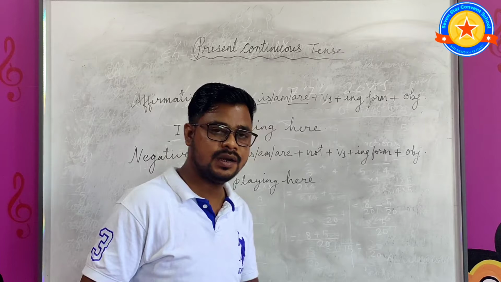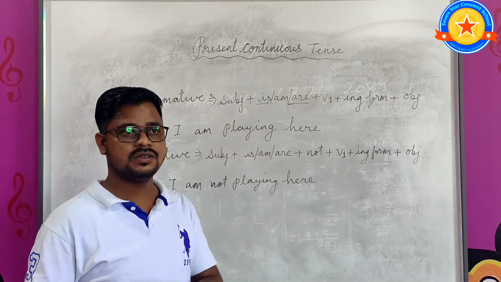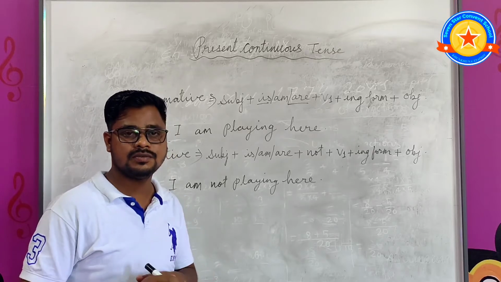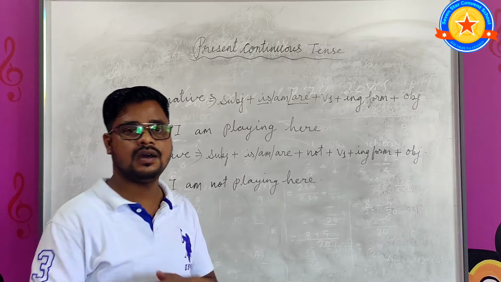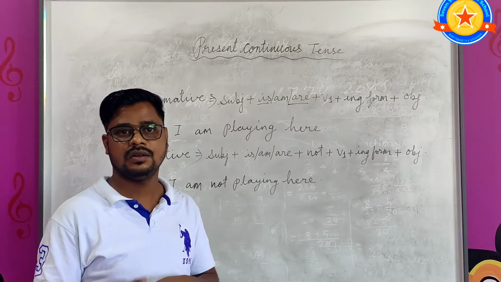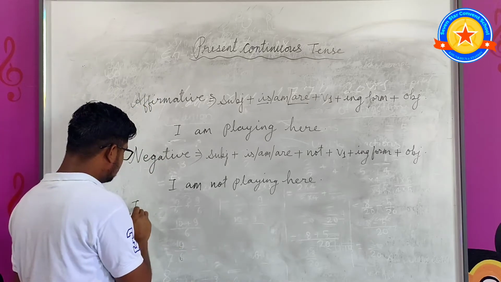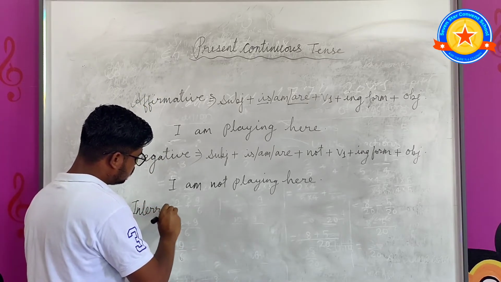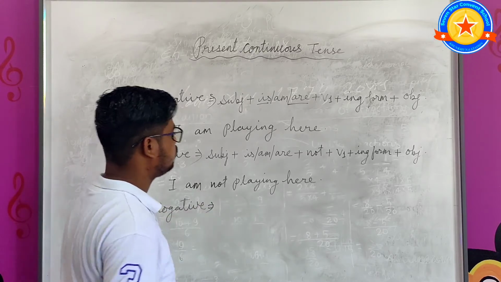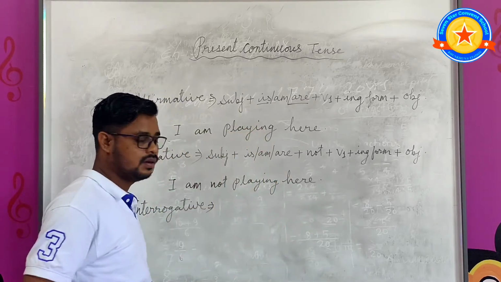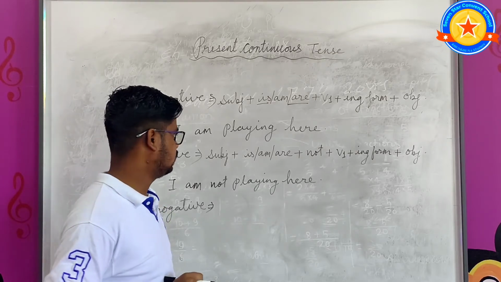Now, interrogative sentence. How can you make an interrogative sentence in present continuous tense? In previous lessons also I told you that interrogative sentences are of two types: one is yes-no type and the other is WH type. In an interrogative sentence, the helping verb is, am, are is written before the subject.